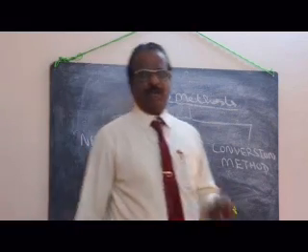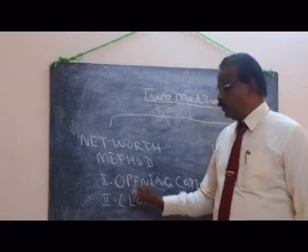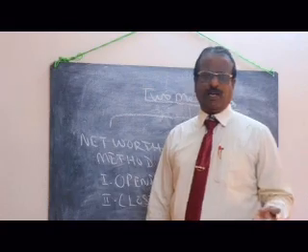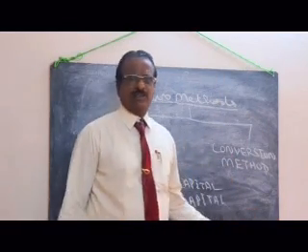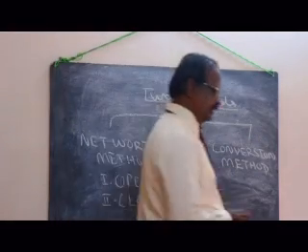One is opening capital. The other one is closing capital. If you know the opening capital and closing capital, we can easily find out the profit or loss of the concern. So this is called the net worth method.